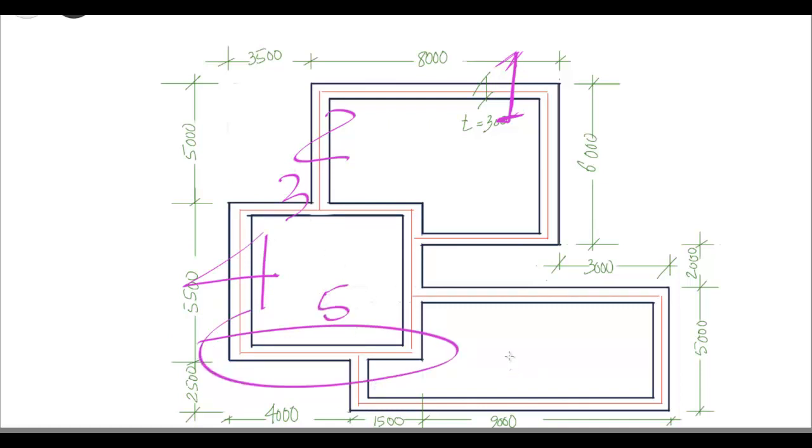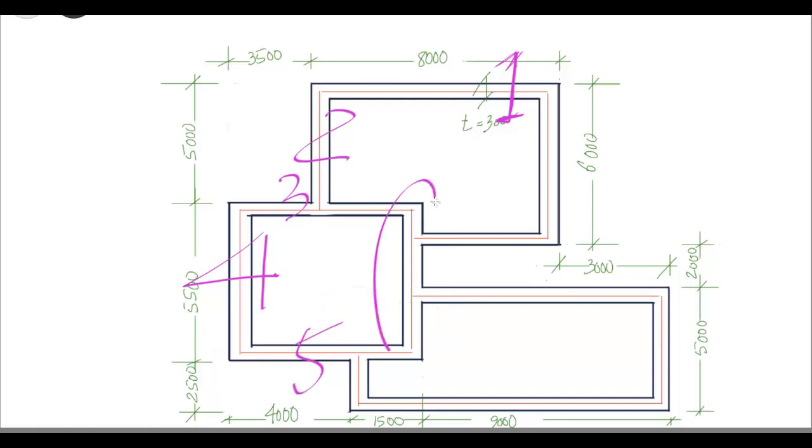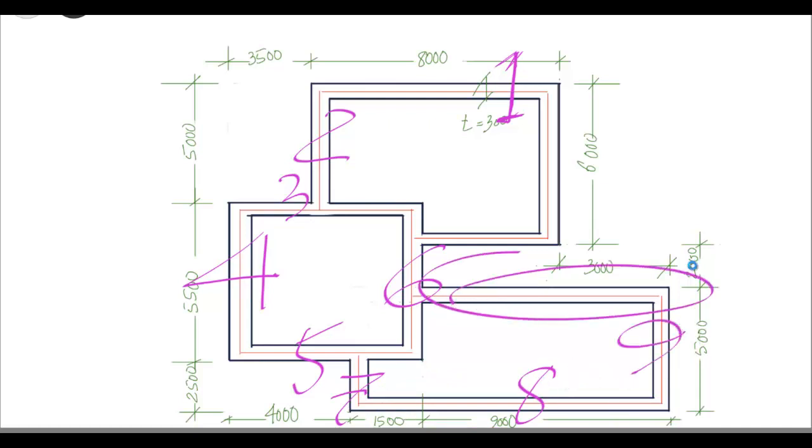Those 3 and 5 are the same, and this piece is like 4, we'll call it 6. Then we have this piece, let's call it 7, and this entire piece here we'll call 8, this piece 9, this piece 10, this piece 11, and this last piece we'll call 12.